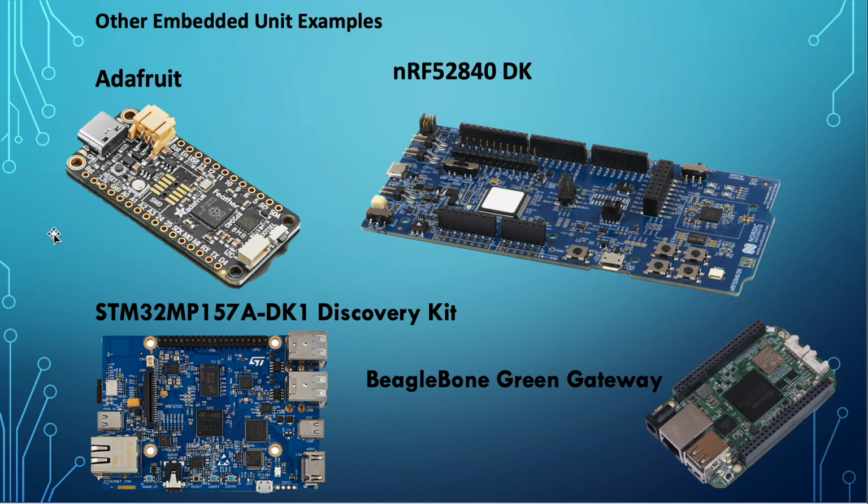Adafruit, the brand itself, has a wide range of embedded systems. Adafruit is the one that creates Raspberry Pi, I think, but they have a set of different boards with different parameters or specs.